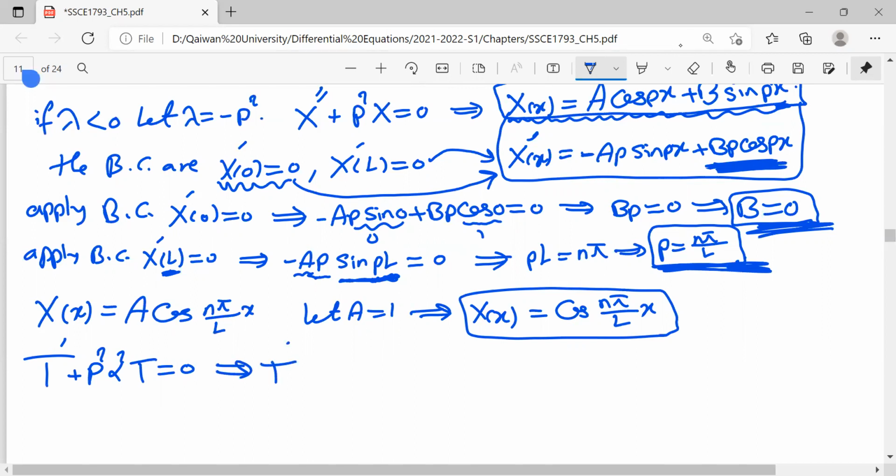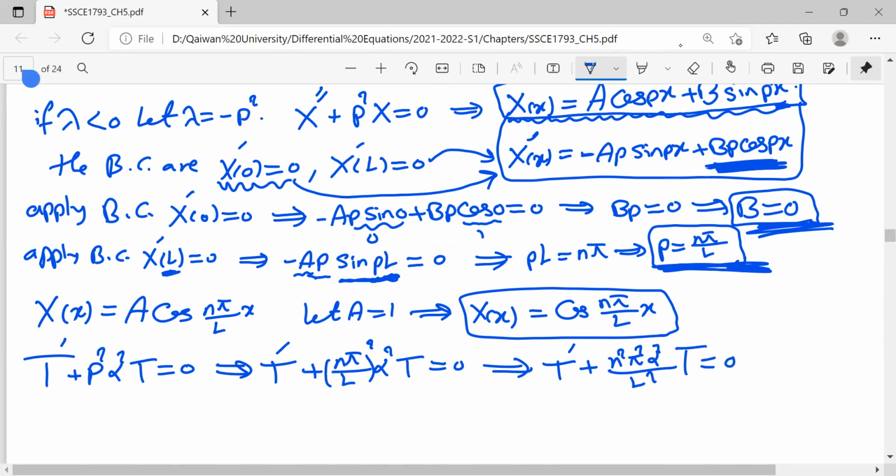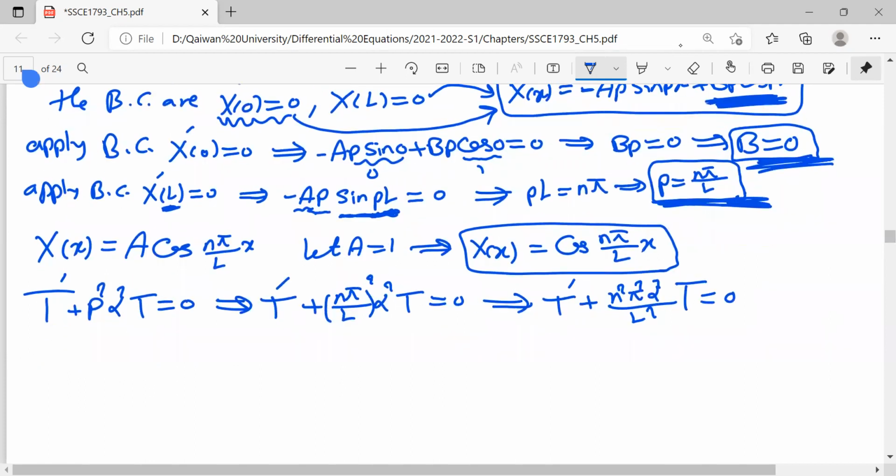Here we get T prime plus n pi over L squared times alpha squared T equals 0. So from this, we can say T prime plus n squared pi squared alpha squared over L squared T equals 0. And now we solve this first order differential equation.